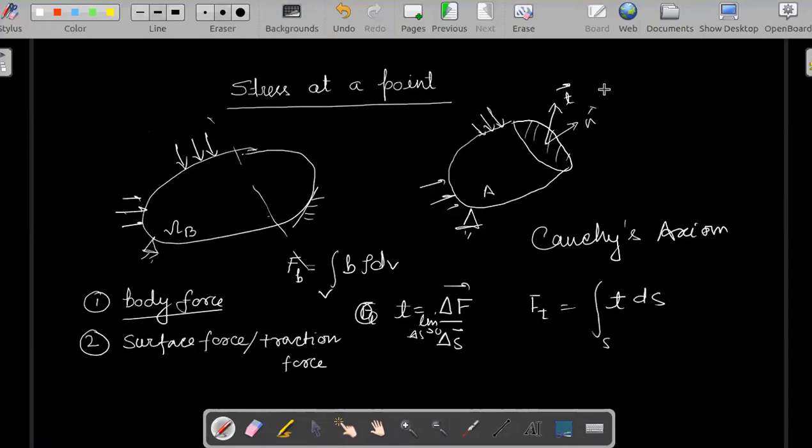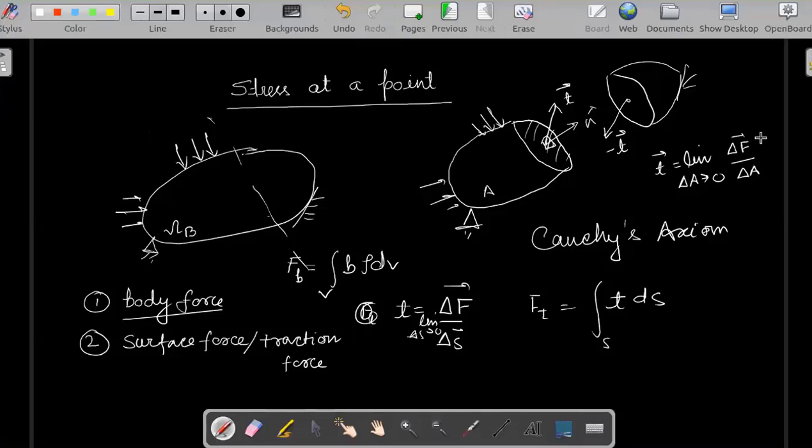Okay, and as we consider in Newton's third law, the force will have action and reaction. So on the other surface you will have the traction force opposite to this, and if you are considering a very small area here, then this traction force is defined as the limit as delta A tends to 0 of delta F upon delta A. So this is the definition of the traction vector, and this is known as the traction vector.